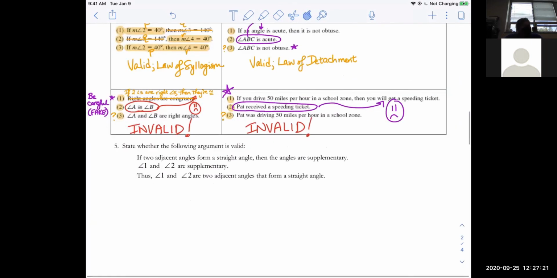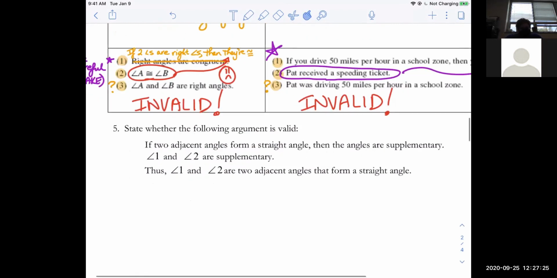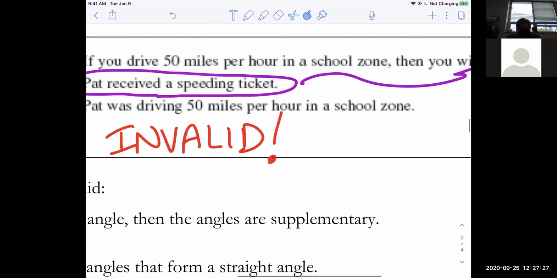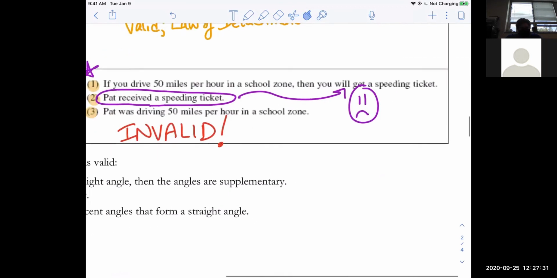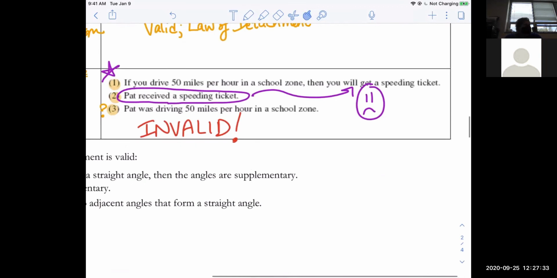So again, the ones that look like fake detachment, let's talk about this one actually. Tell me how we could rearrange those to make it a valid argument. You still have statements 1, 2, and 3. What would be the order that would actually put it in the correct valid argument?